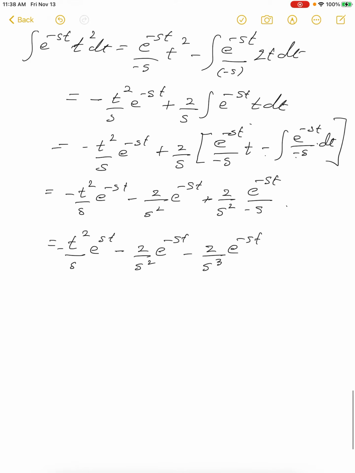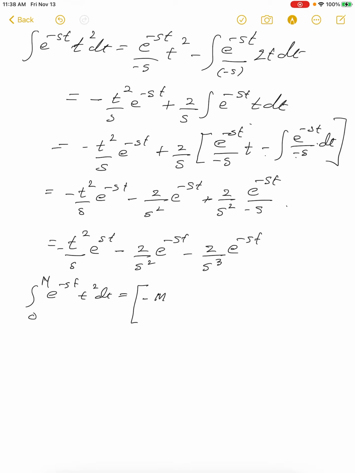So if you evaluate this between 0 and m, I evaluate this at m first.